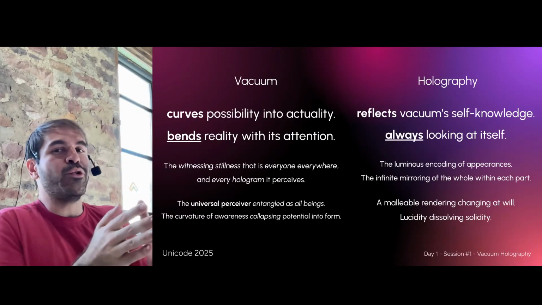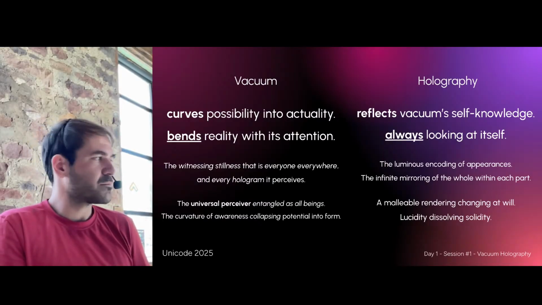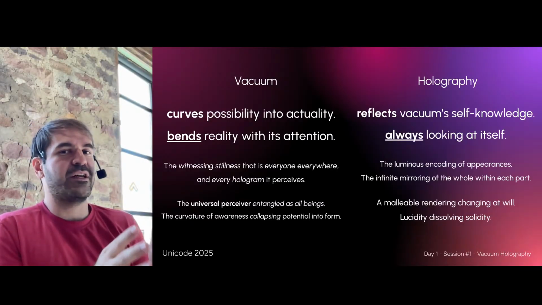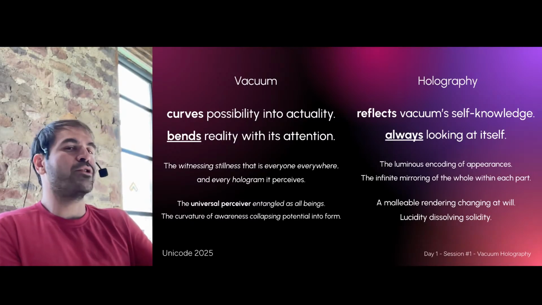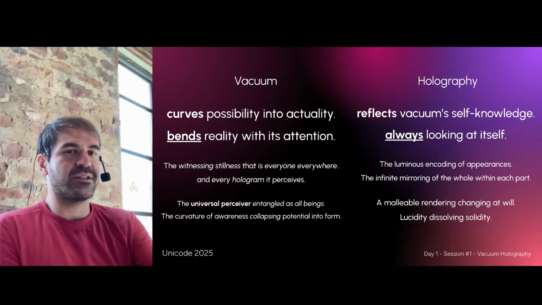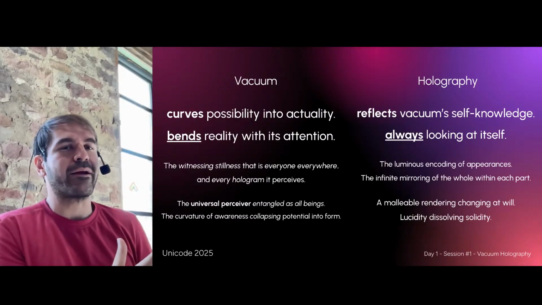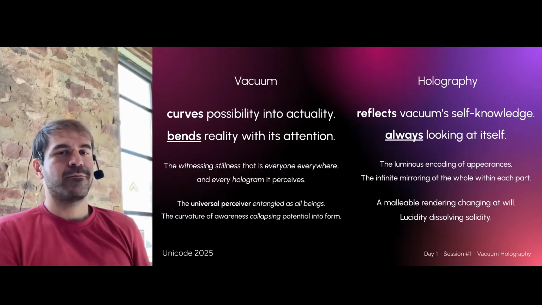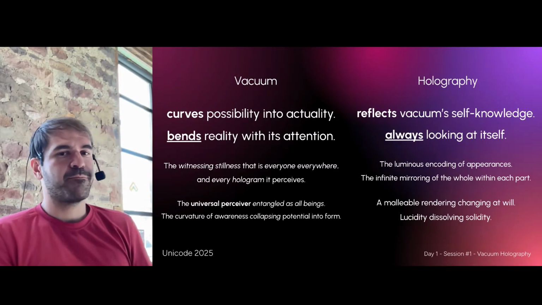We're talking about a universal perceiver entangled as all beings, the curvature of awareness collapsing potential into form, and holography as the luminous encoding of appearances, the infinite mirroring of the whole within each part, and a malleable rendering changing at will, and lucidity dissolving solidity.